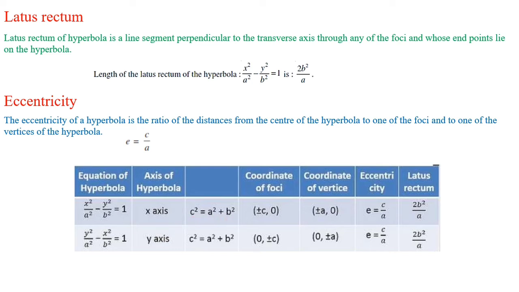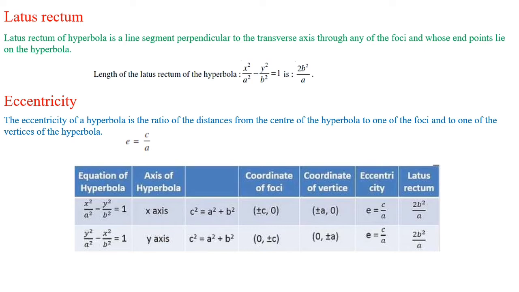The coordinates of foci are plus or minus c comma 0, the coordinates of vertices are plus or minus a comma 0, eccentricity is c by a, and the length of the latus rectum is 2b square by a. This is the first case. When we consider the second case, the relation is the same, c square equal to a square plus b square.